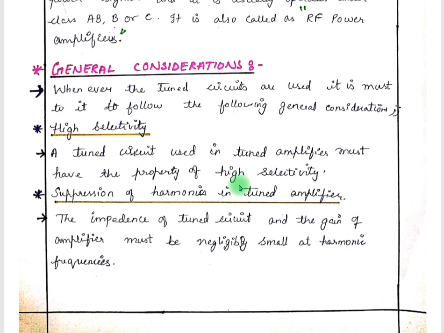That is, it can select the desired frequency for amplification out of a large number of frequencies simultaneously impressed upon it. The second general consideration is suppression of harmonics. The impedance of the tuned circuit and the gain of the amplifier must be negligibly small at harmonic frequencies. Hence, harmonic distortion in a tuned amplifier will be extremely small.